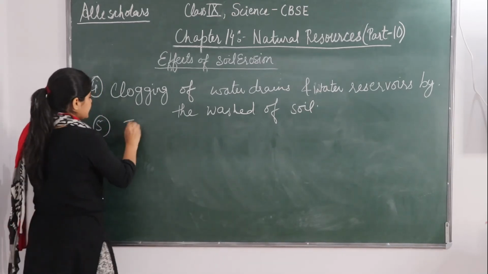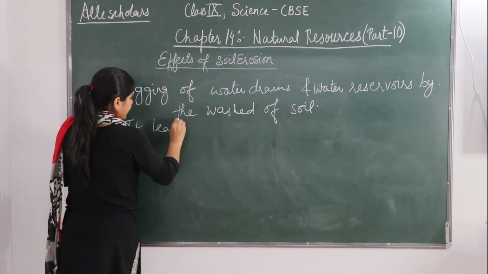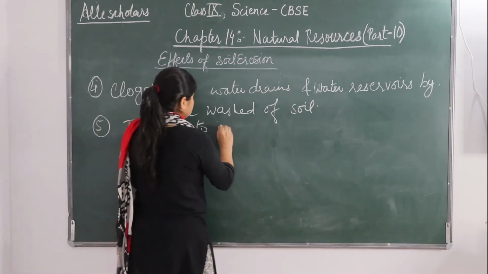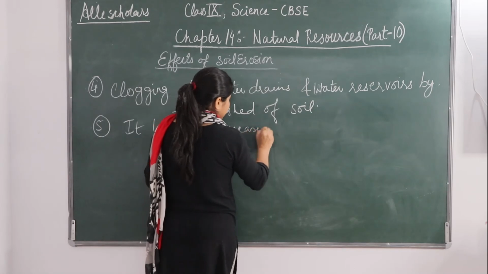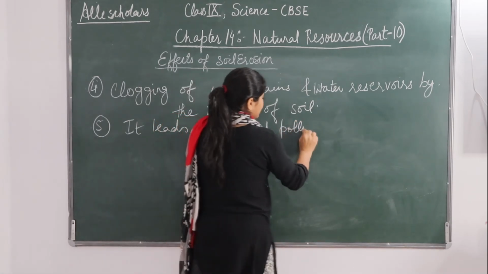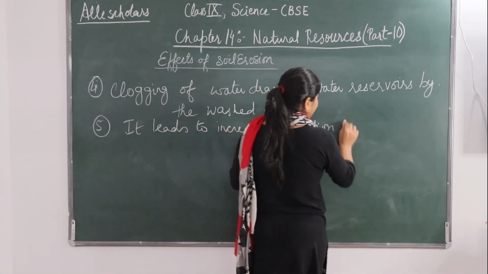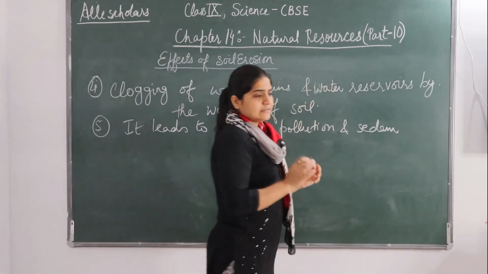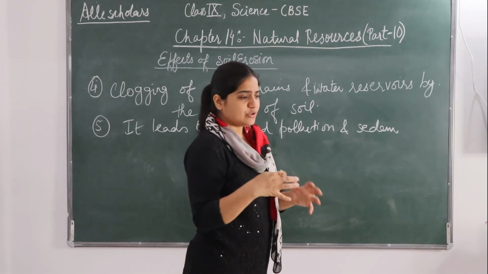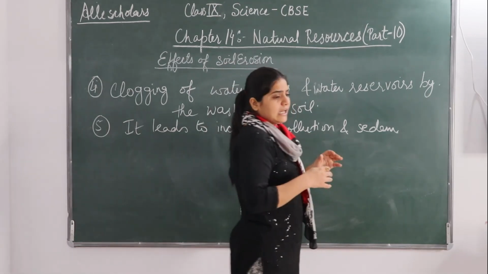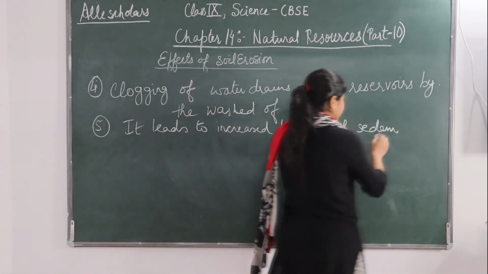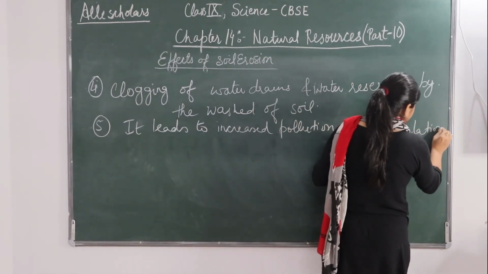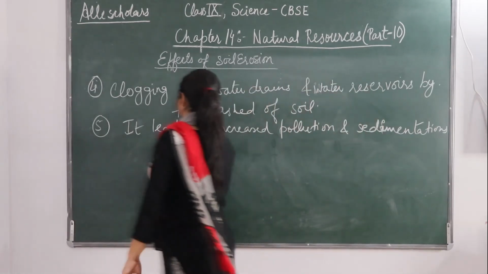So it leads to increased pollution and sedimentation, you can say. जो different streams हैं, जो different rivers हैं, उनके sedimentation को भी ये करता है. Sedimentation of rivers and streams.